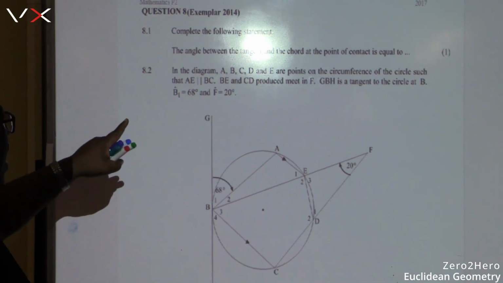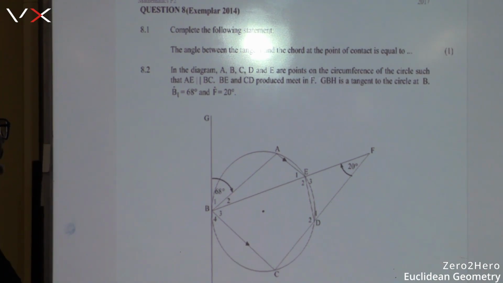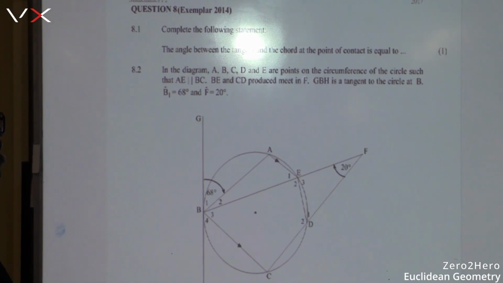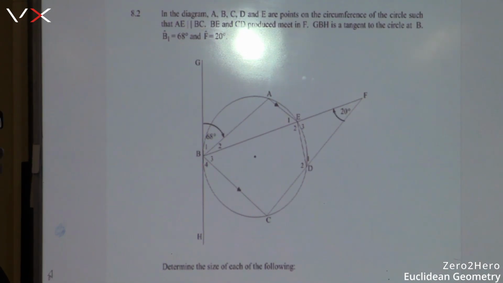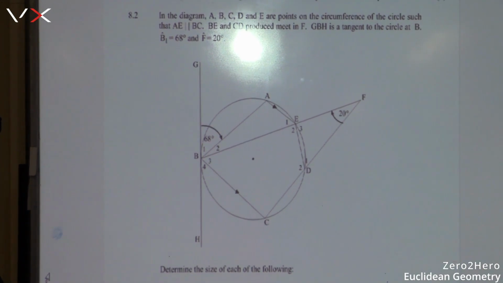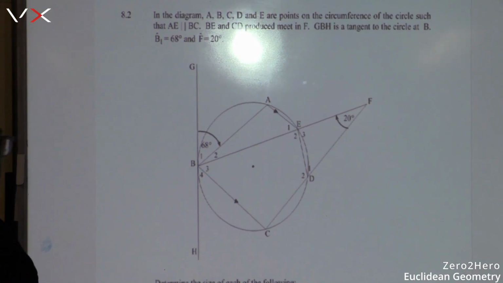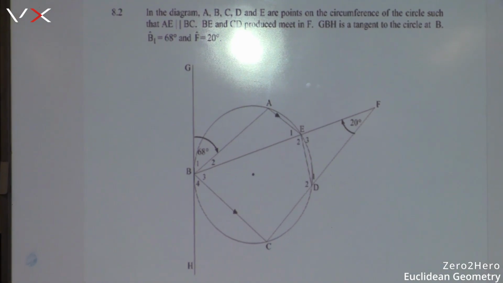In the diagram, A, B, C, and D are points on the circumference such that AE is parallel to BC. That becomes important.